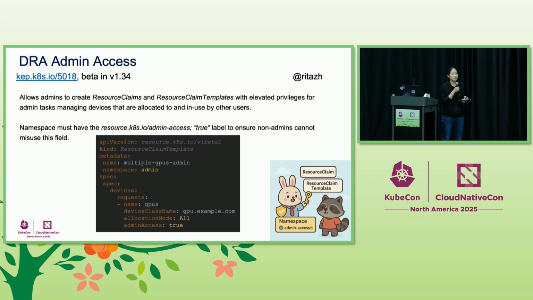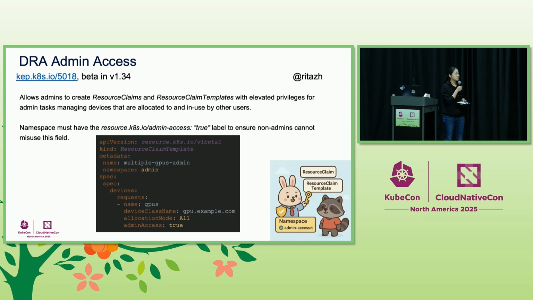And by default, when users use this resource claim and resource claim template, the workload only has access to the device that it has allocated to. But often, as we all know, there are admin tasks like metrics and troubleshooting where those type of admin workloads will require access to these specialized devices that are already in use by other workloads. So this is where the DRA admin access feature comes in.